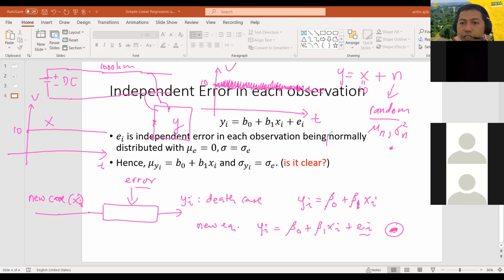So using this model, we can apply it to new phenomena, new equations. This is the X here, and this is the noise. So it's similar, right? Yes, sir. Okay, good.